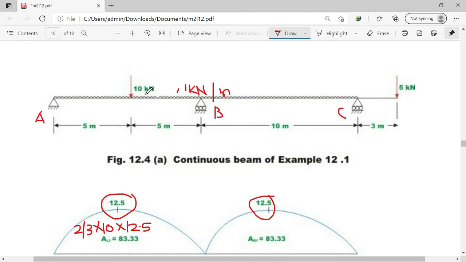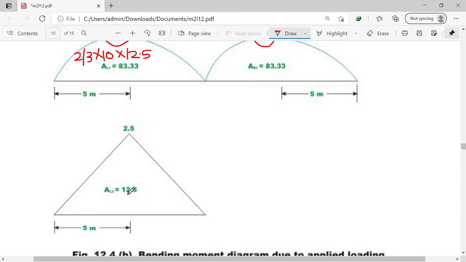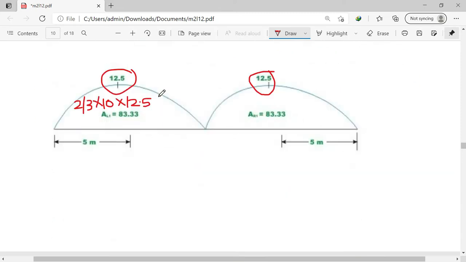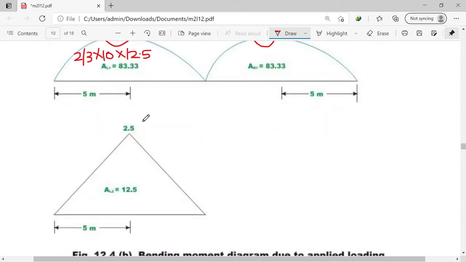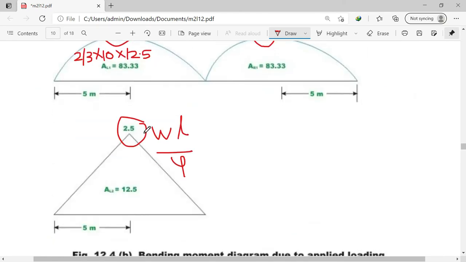Because of the effect of this 10 kN loading, we have to consider it again here, so you have to draw a separate diagram for the 10 kN loading. What will be the formula for bending moment? WL by 4. If you put the values, that is 10 into 10 divided by 4, the answer is 25.